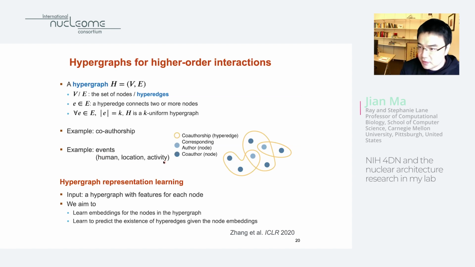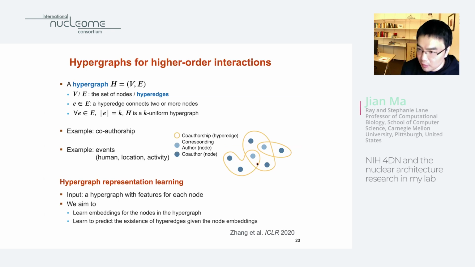The analogy I often give is that if I give you some profiles or information of individuals and their online activity, like what posts they like, or the tweets that they're retweeting, can you predict if these individuals on the social network are going to form a group chat? A group chat you can represent as a hyperedge.